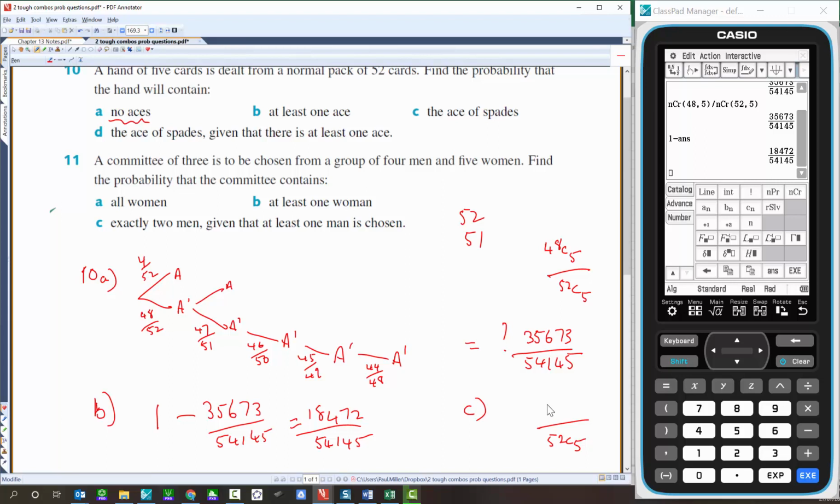What that represents is from 51 cards, we're going to choose 4 cards because the ace of spades has been chosen. Okay, so let's do that. NCR 51,4 over NCR 52,5. And we get 5 on 52.